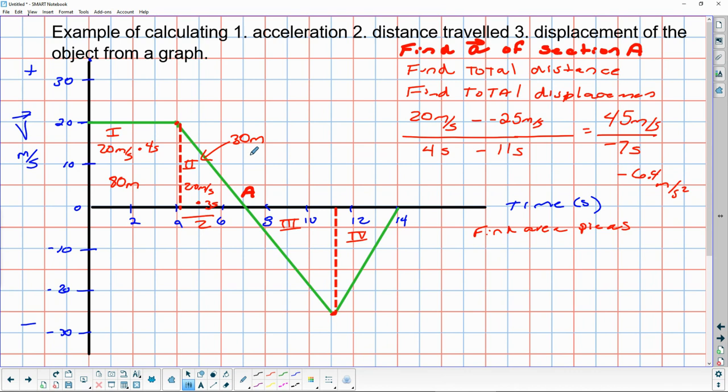Now this one here is another triangle. This triangle has a base, it goes from 7 to 11, so that's 4 seconds. And it has a height of negative 25.